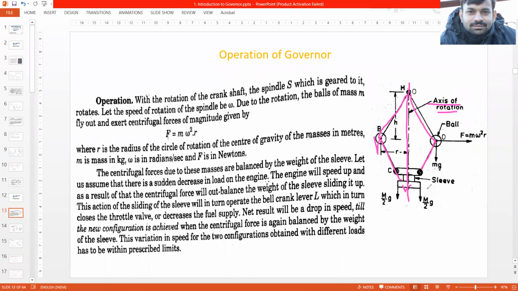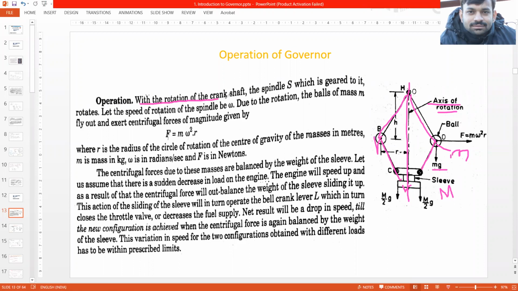The mass of the sleeve is denoted by capital M, and the mass of the balls is denoted by small m. All right, keep this in mind. Its weight would be mg, and this sleeve's weight would be capital Mg. The height of the governor and the radius of the governor we have already discussed in the previous class. All right. Now let's see how this operates.